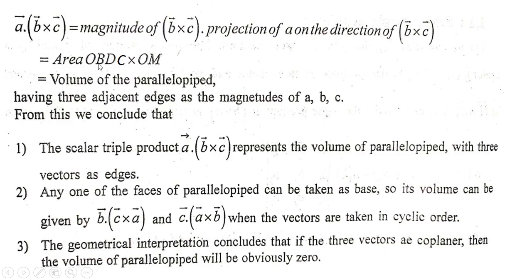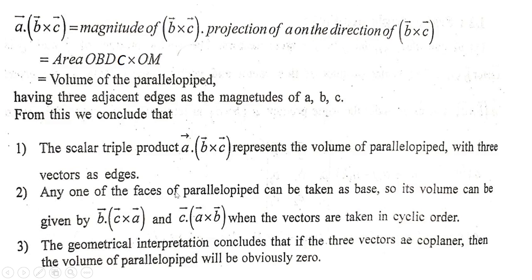So area OBDC into OM is equal to the volume of the parallelepiped having three adjacent edges A, B, C. From this we conclude that the scalar triple product A bar dot B bar cross C bar represents the volume of the parallelepiped with the three vectors as edges.